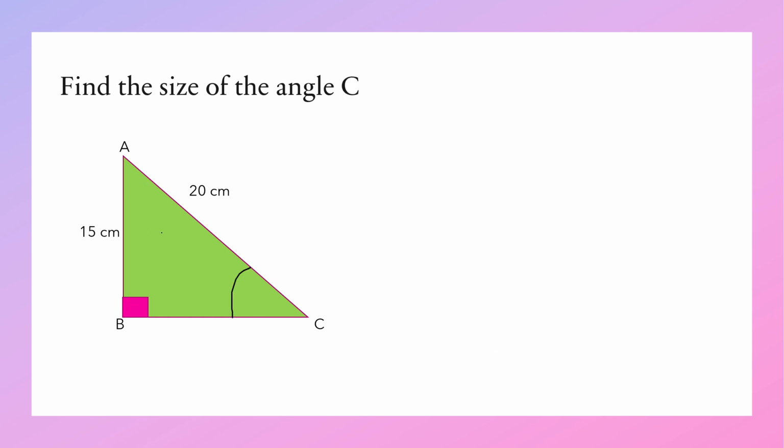Angle C, again, if I have angle C, it's going to be opposite over hypotenuse. So again, we have sine. So sine C is equal to 15 over 20. So C is equal to sine inverse 15 over 20.